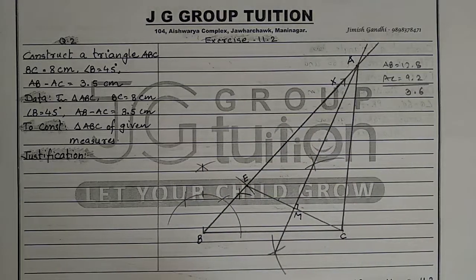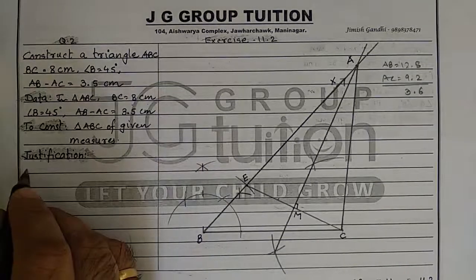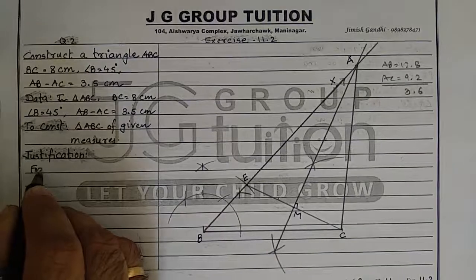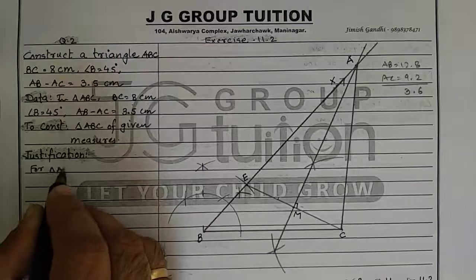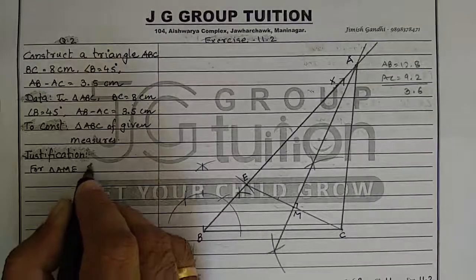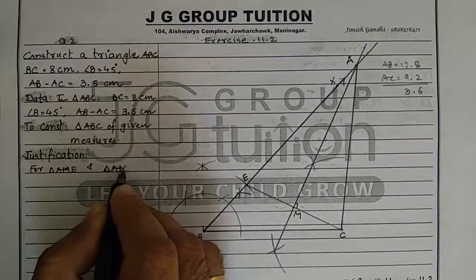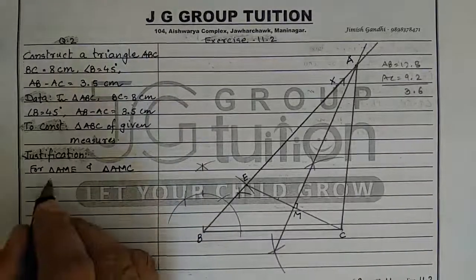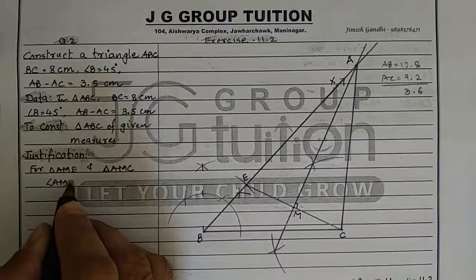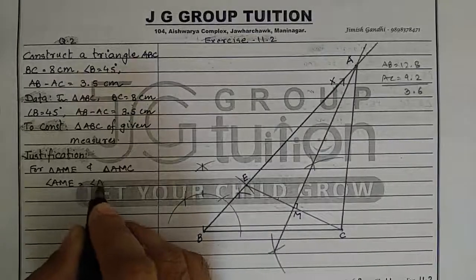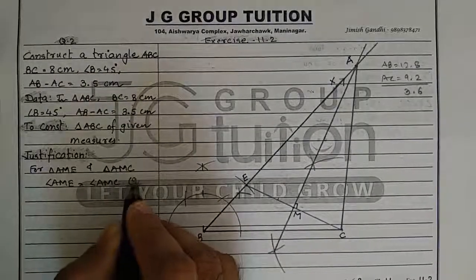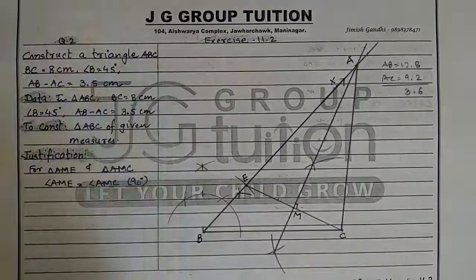Now let us show the correspondence between these two triangles. Angle M is a right angle in both, so they are equal. The reason is that it is a right angle.